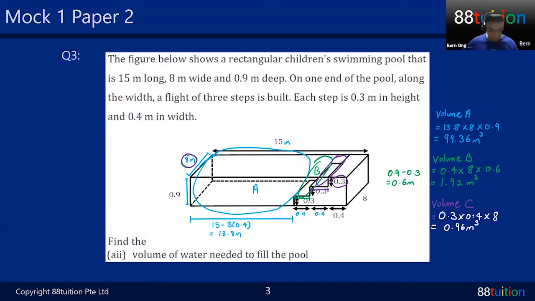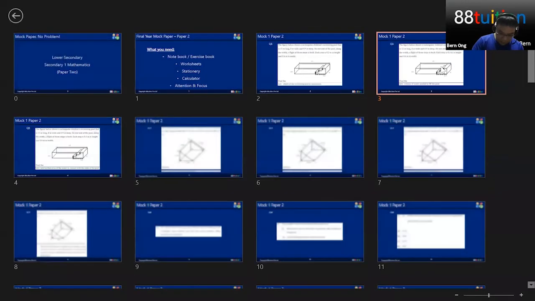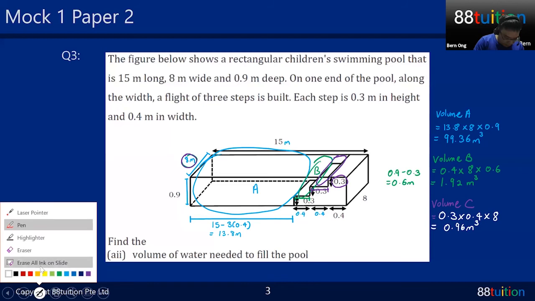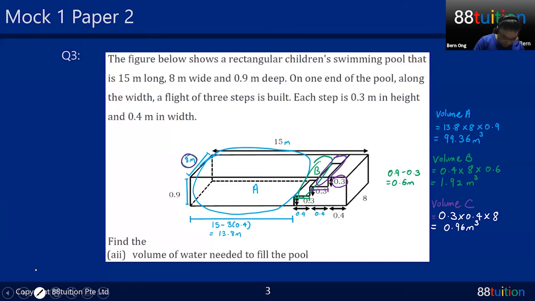So they want to find the volume, so all you got to do is to add them all up together. So the total volume will be equal to 99.36 plus 1.92 plus 0.96.